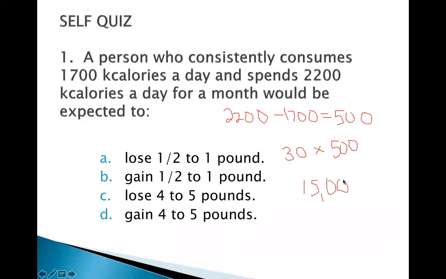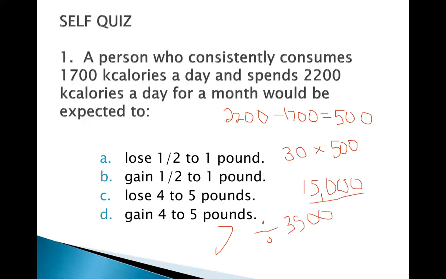15,000, I believe. If I did this right, I'll double check on my calculator. So 30 times 500 is 15,000. Remember that there were approximately 3,500 calories in each pound of weight gained or lost.